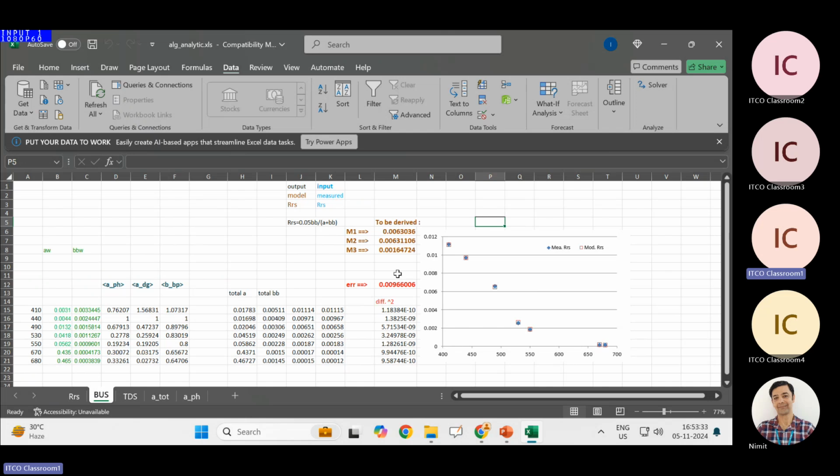It was 16, 17%, 36%, or even higher, but now we could optimize this error value, it's just 1% between the two spectra. So that's the spectral optimization giving us the answer for the variables M1, M2, M3. These are just an example. I will share this with you, then you can play by yourself.